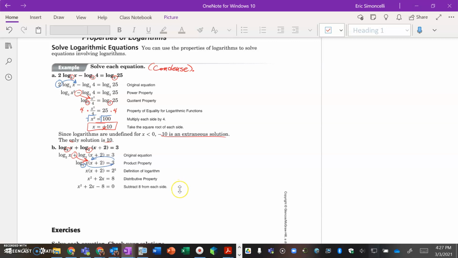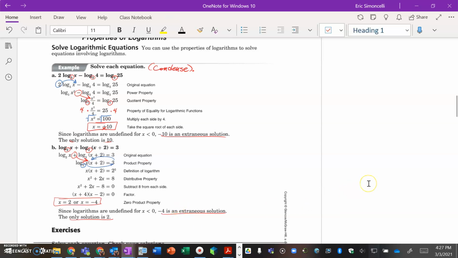We can balance such that it's set equal to 0, and then we can factor, and as you can hopefully see, x plus 4 and x minus 2 set each equal to 0, and you get negative 4 and positive 2, the 0 product property. But again, since logs are undefined as x less than 0, as we denoted earlier, negative 4 is extraneous. The only solution that works is 2.